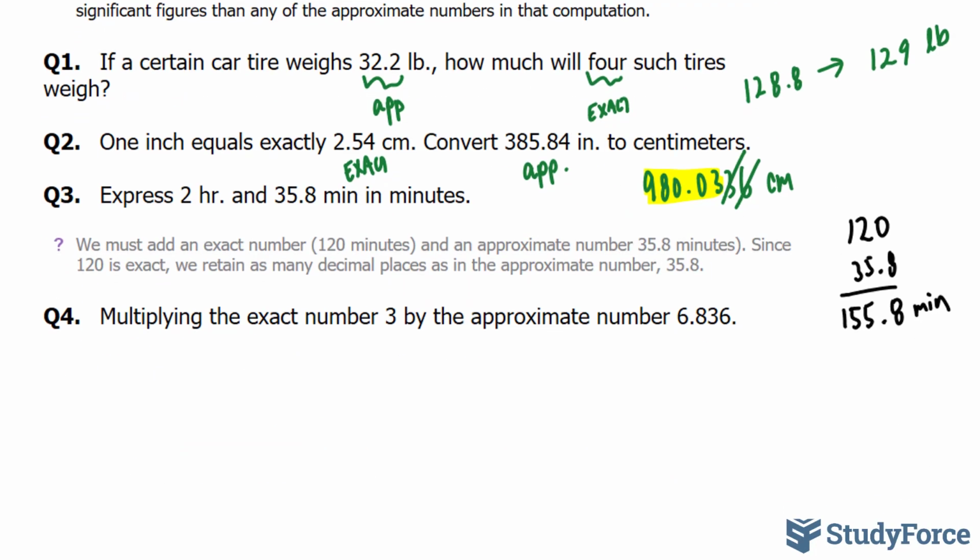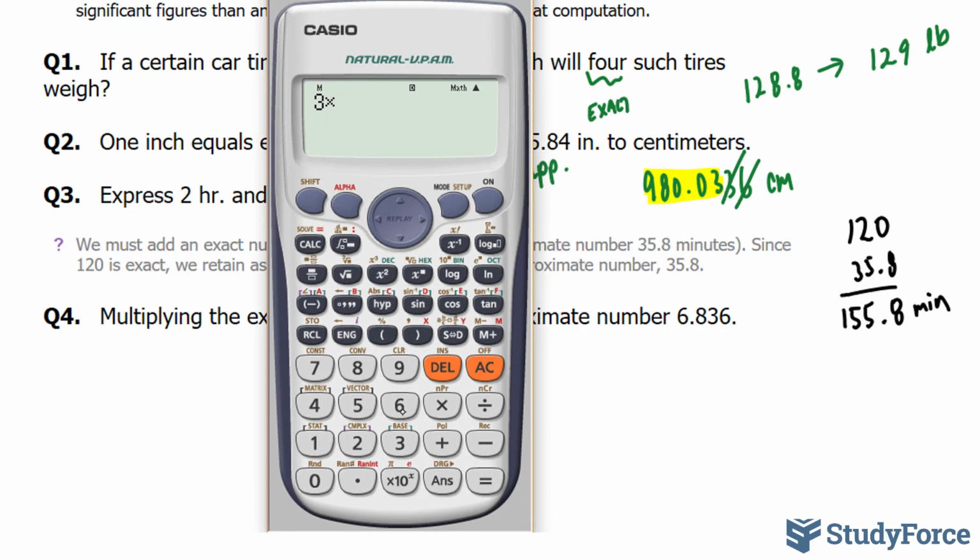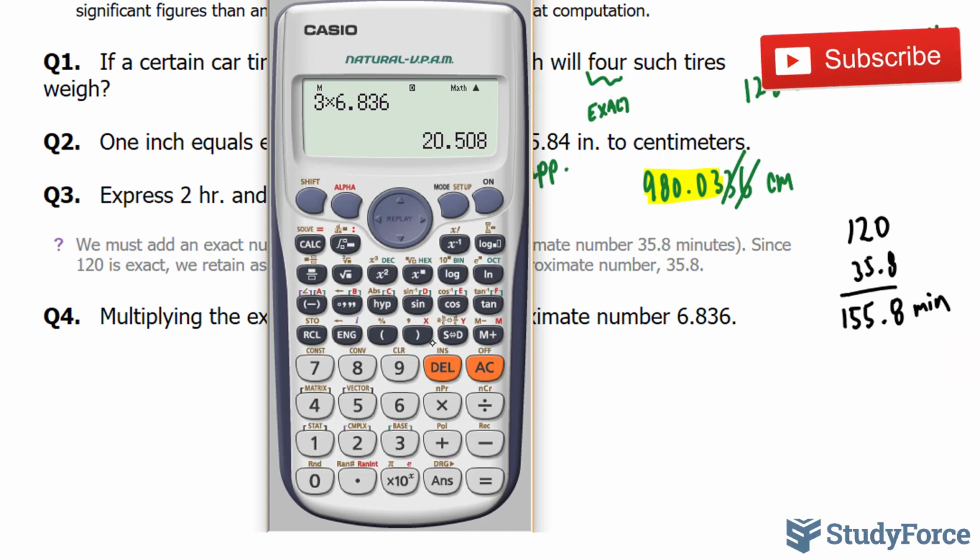Lastly, we are asked to multiply the exact number 3 by the approximate number 6.836. Now you should know by now your final answer will have 4 significant figures. So let's do this. 3 times 6.836 gives us a final answer of, I'm going to let you think about this for a second.